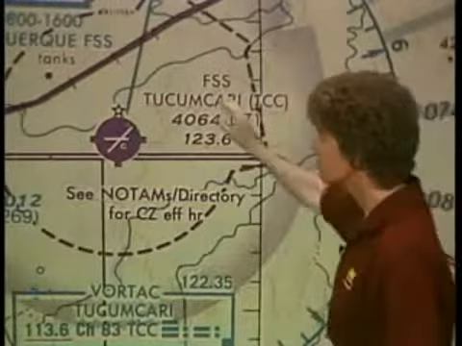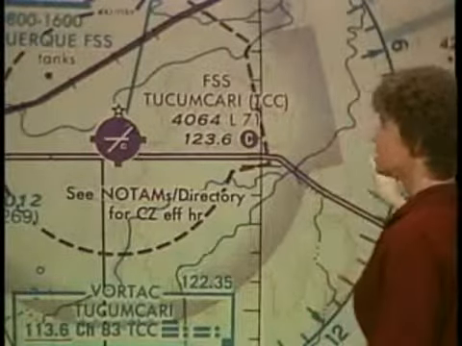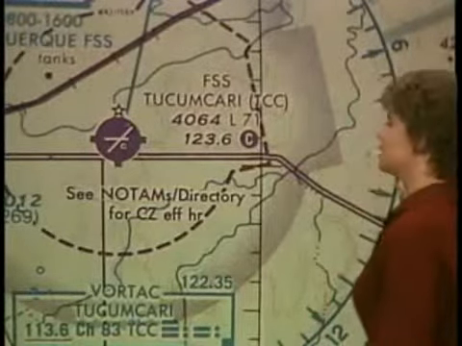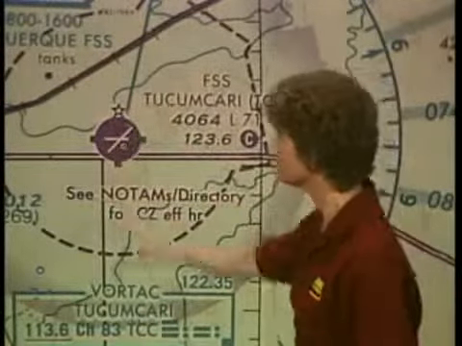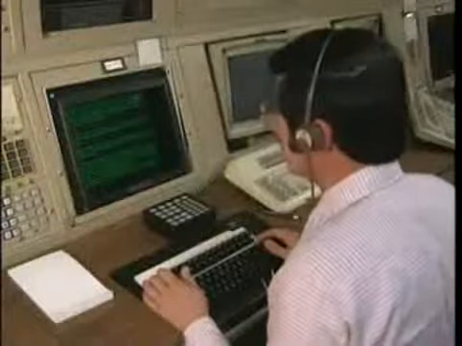So you'd say, "Tucumcari radio, Comanche 7153 Papa is 10 miles east requesting special VFR clearance for landing Tucumcari." Tucumcari will pick up the phone, call whatever ATC facility handles that airspace, and relay their clearance back to you. And the clearance might sound like this.